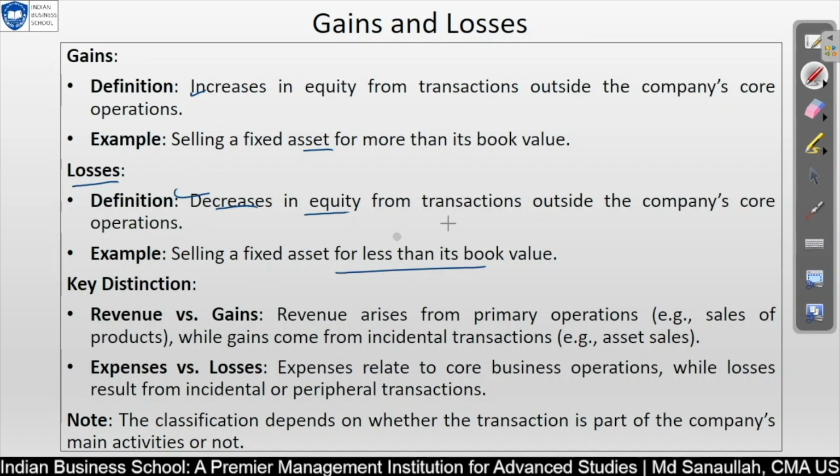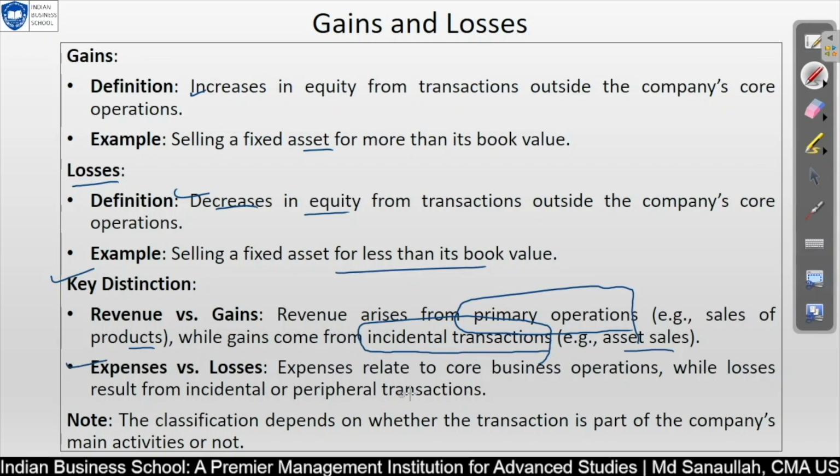The same example has also been given. Now we'll understand the key differences. Revenue arises from the company's primary operation, sale of products or services, while gain comes from incidental transactions, any transaction which is not operational, like an asset sale.